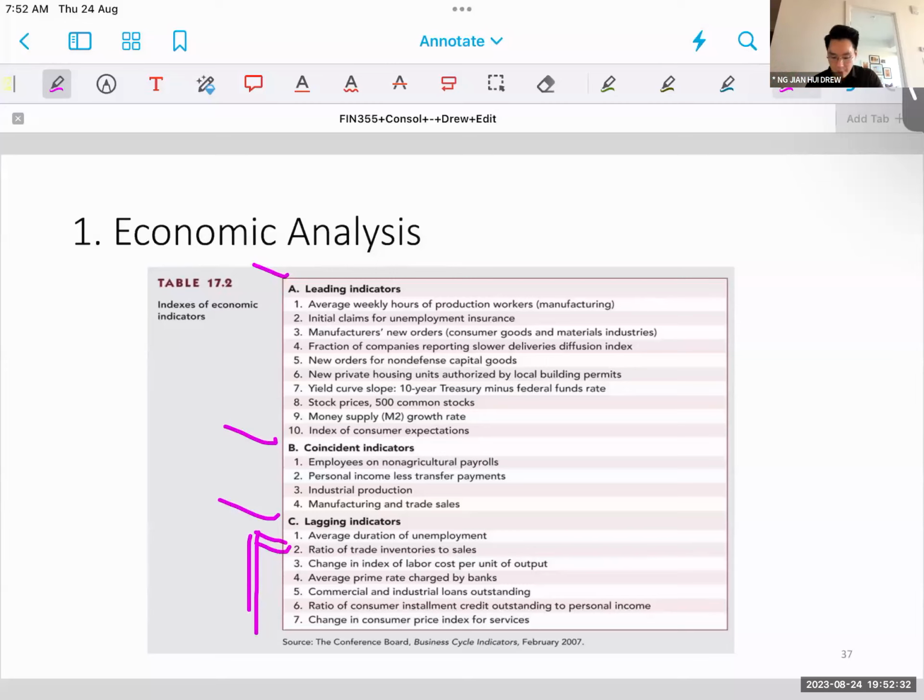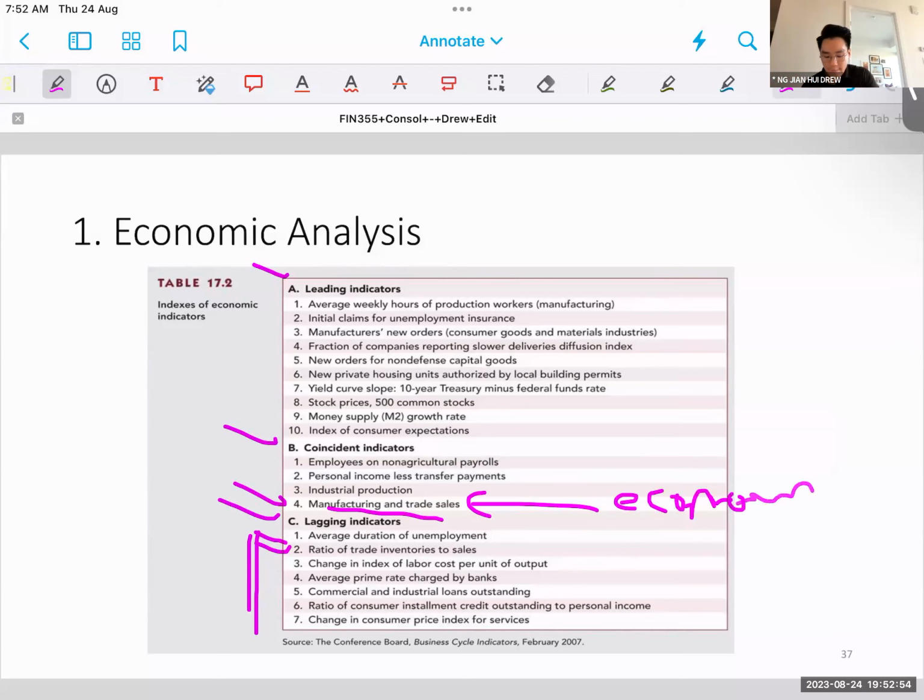Okay. Maybe I'll just cover a bit on one or two coincidental indicators, which include things like manufacturing and trade sales, because manufacturing and trade sales closely relate to the economy, right?